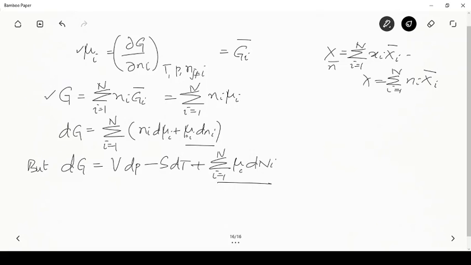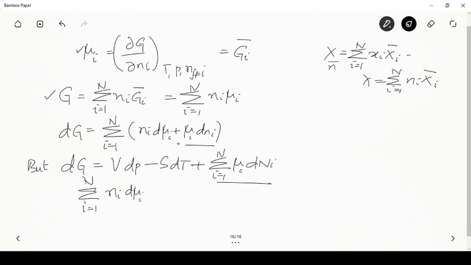So the mu I dNi summation gets cancelled. I get Ni d mu I. So I get summation of I equal to 1 to n of Ni d mu I.